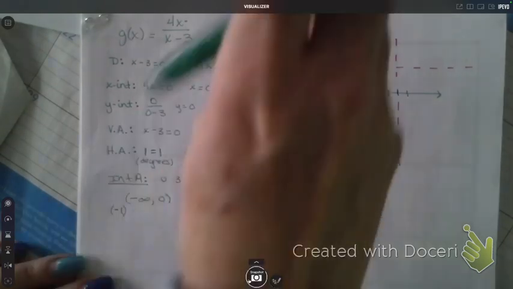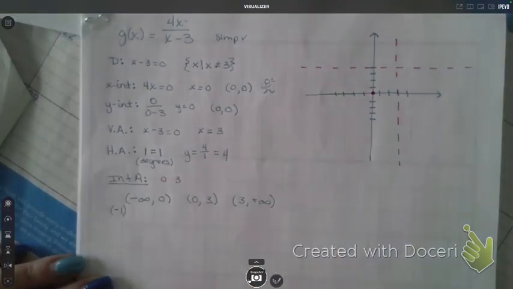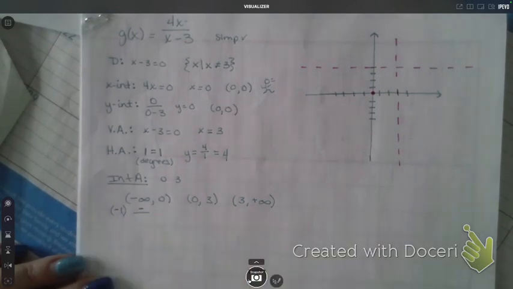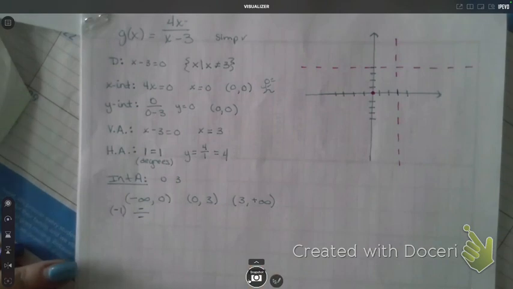If I plug negative 1 into the numerator, do I get a positive or negative number? Negative. So I write a negative. If I plug negative 1 into the denominator, do I get a positive or negative number? Negative, because if I have negative and minus a number, it's going to be negative, yes? I don't care what the math is.